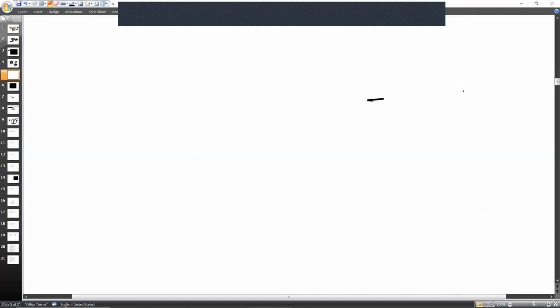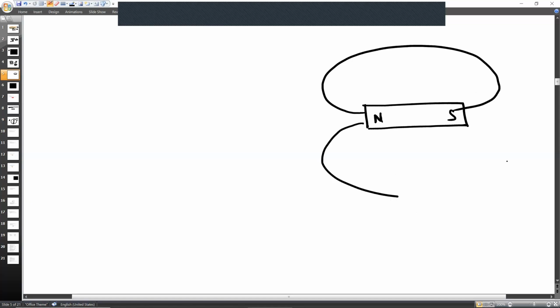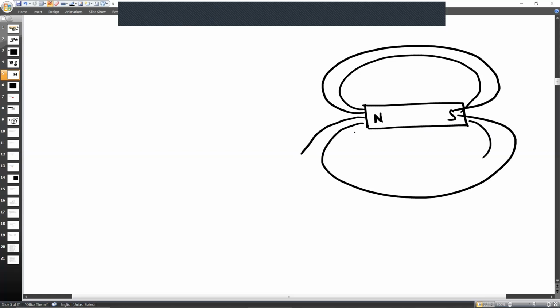The property of magnetic field lines is that outside the magnet, they move from north to south. And inside the magnet, they move from south to north in a straight line.